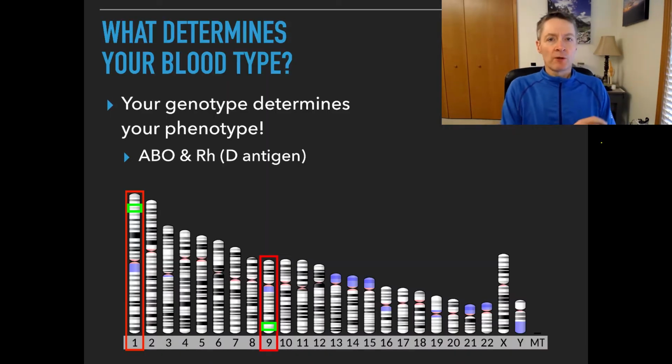All right. So the first thing I'd like everybody to realize is what determines your blood type. I think it's actually question 8 in the questions I'm going to provide you. What determines your blood type? In one statement, I can tell you that your genotype determines your phenotype. And you might look at me and say, huh?